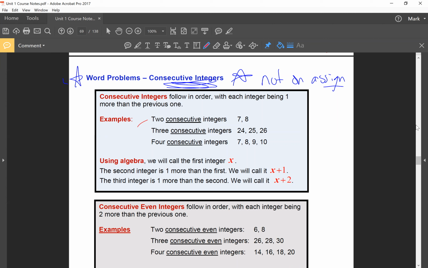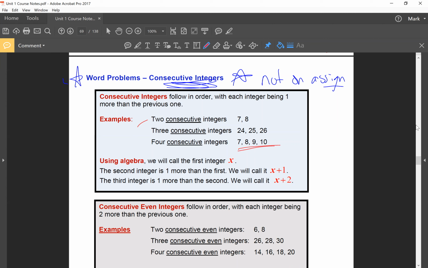Negative 24, negative 23. These are integers in order. 3 consecutive integers: 24, 25, 26. 4 consecutive integers: 7, 8, 9, 10. It could be 106, 107, 108, and 109. They are just in order.